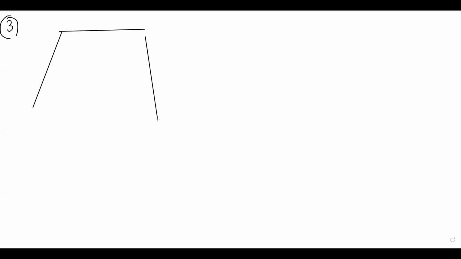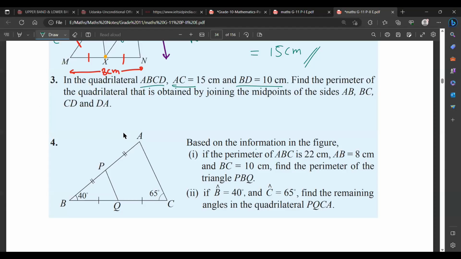I just draw like that. It is A, B, C, and D. Quadrilateral ABCD. So here AC equals 15.